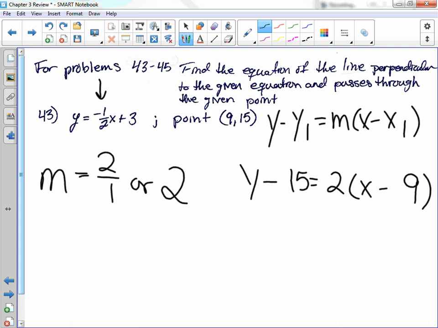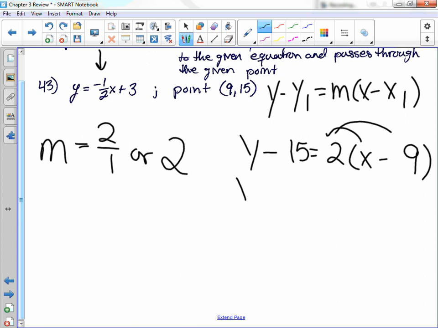So what we need to do next is distribute this here. Well, 2 times x would be 2x. 2 times negative 9 would be negative 18. We're multiplying through by 2. And then what do we need to do?